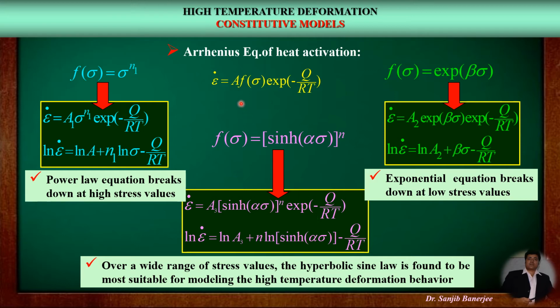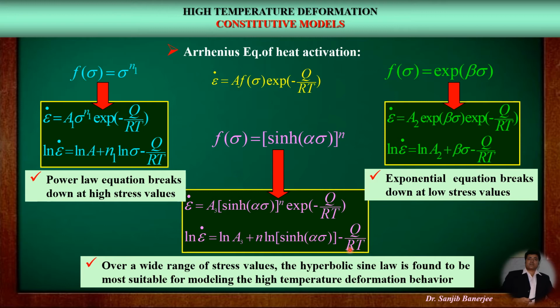Here the constant A becomes A3, and alpha is the stress multiplier, which we will learn about in a later section. Once again, when we take logarithm on both sides of this equation, we get this particular expression. When we draw the plot of log of strain rate versus log of sinh of alpha sigma, the slope gives the value of n and the intercept gives the value of A3, because this expression gives a straight line equation.